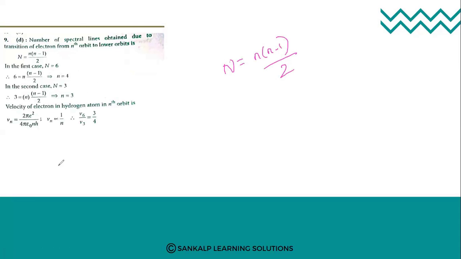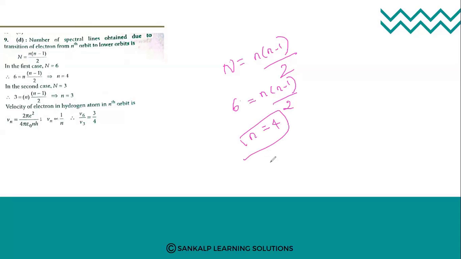So here the small n will be how many transitions it can have. In the first case, it is having 6 transitions. So capital N is the number of transitions, and the value in the first case is 6. So 6 is equal to n into bracket n minus 1 divided by 2. If you simplify, the value of n will be n is equal to 4.